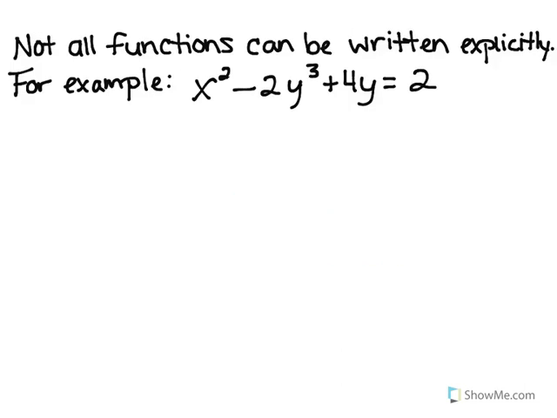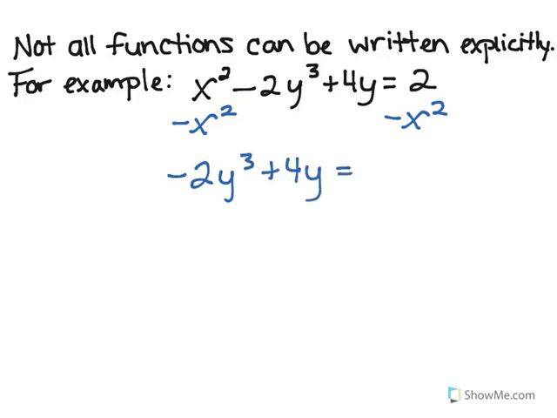The answer is no. Not all functions can be written explicitly. For example, x squared minus 2y cubed plus 4y equals 2. Let's try to write it so it says y equals. First thing you would do is subtract x squared from both sides. Well, that will leave you with negative 2y cubed plus 4y is equal to 2 minus x squared.